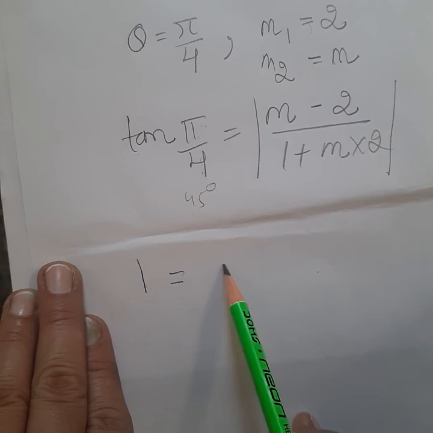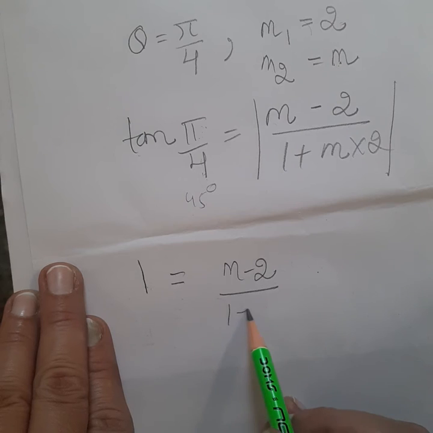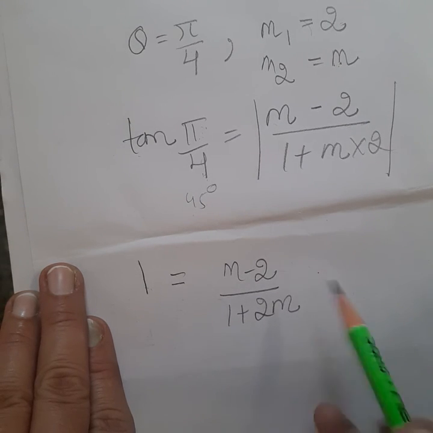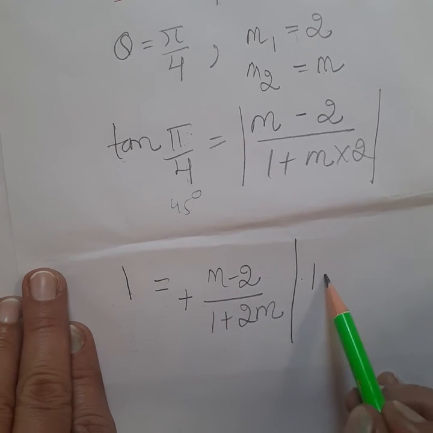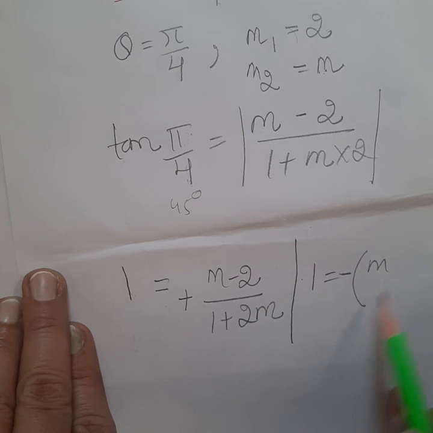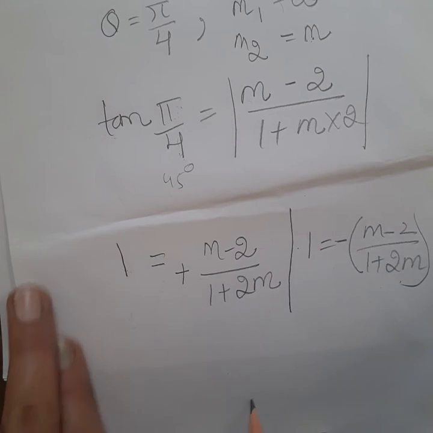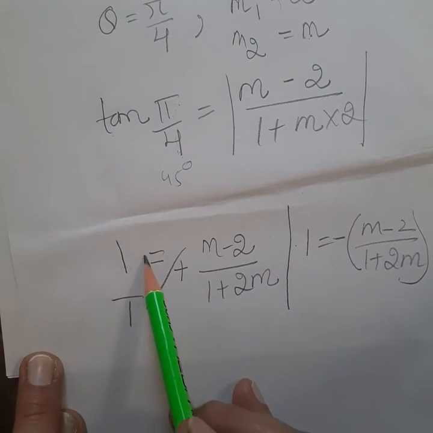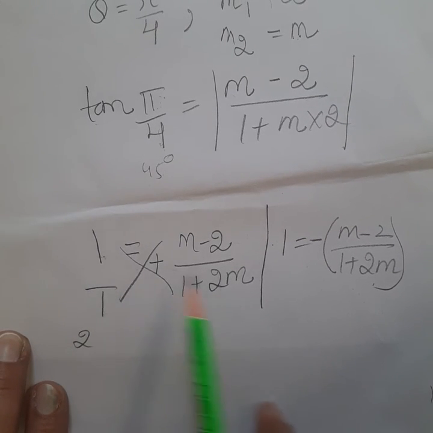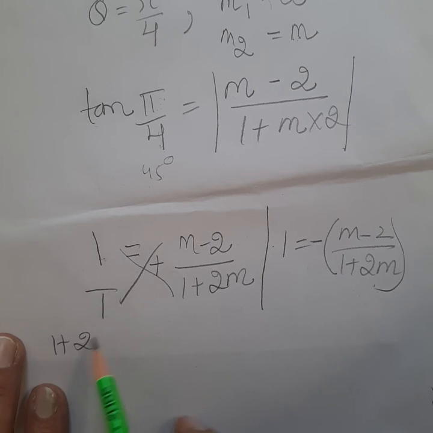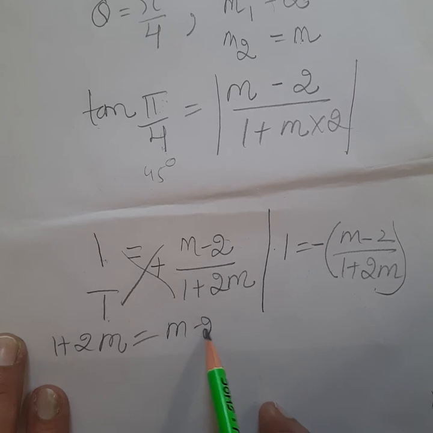Now we can write m minus 2 upon 1 plus 2m, but first we take the sign of plus, and in the second case we write the sign of minus. Now you have to solve these two algebraic equations. We cross multiply: multiplying 1 by 1 plus 2m we get 1 plus 2m, and multiplying 1 by m minus 2 we get m minus 2.